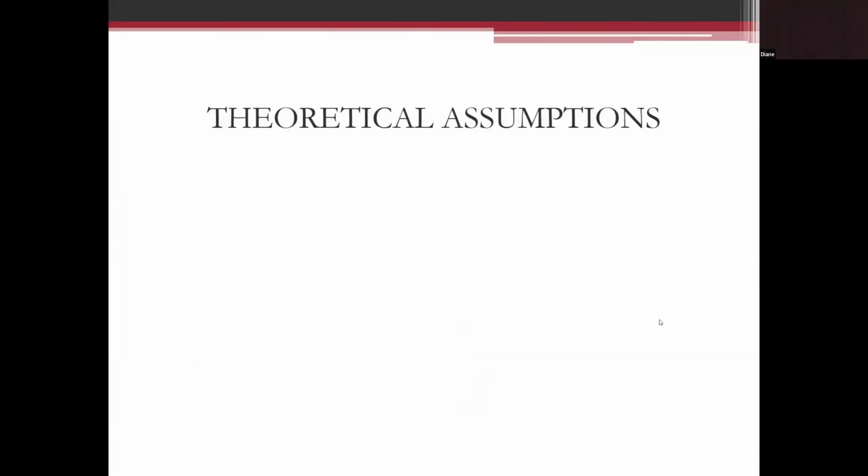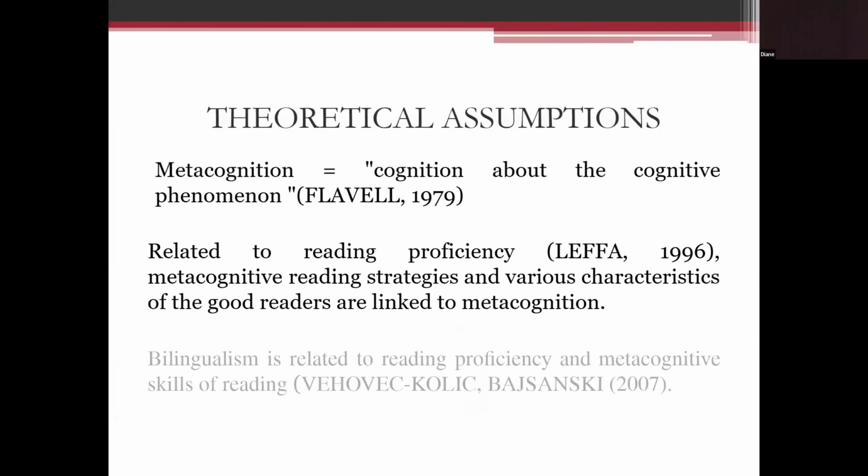Next slide, please. So this work is based on three main theoretical assumptions. That is metacognition, a term labeled by Flavell, an American psychologist, who named this phenomenon as cognition about cognition, so consciousness of your cognition.